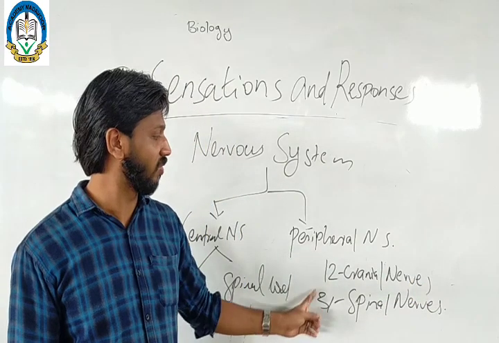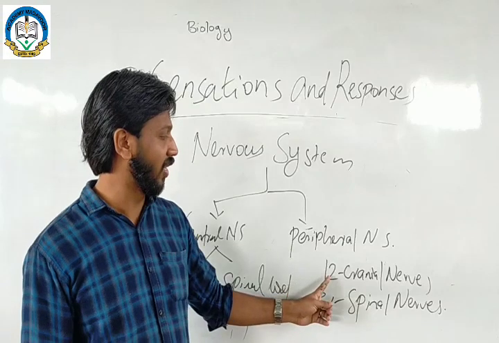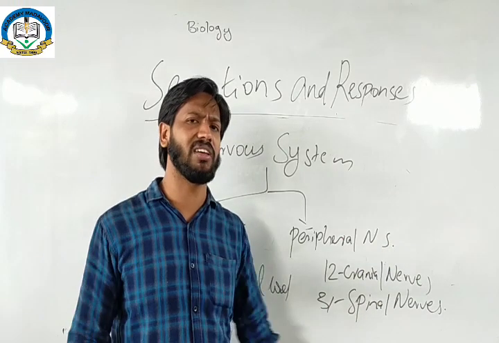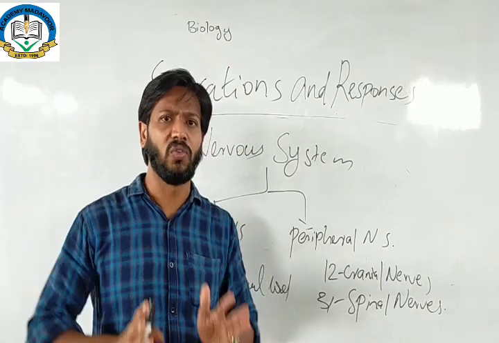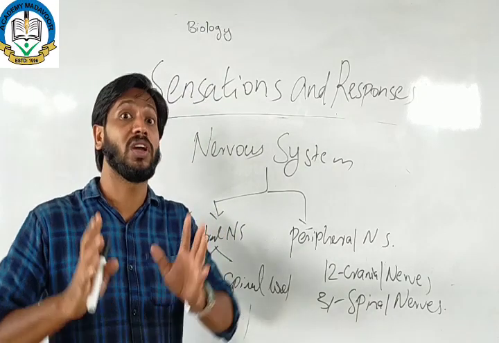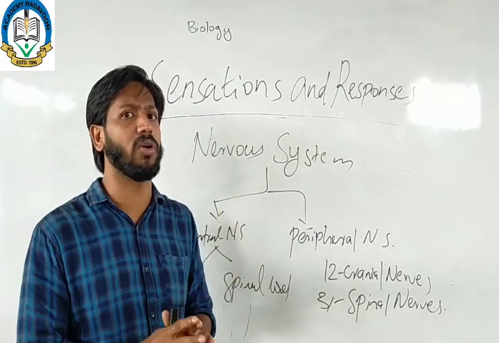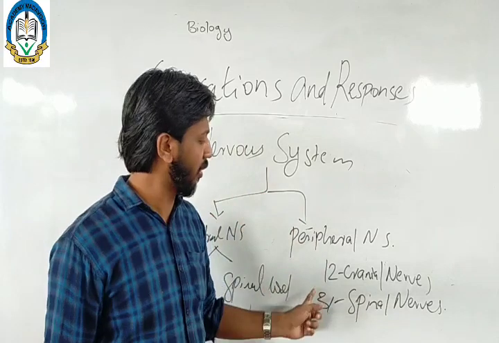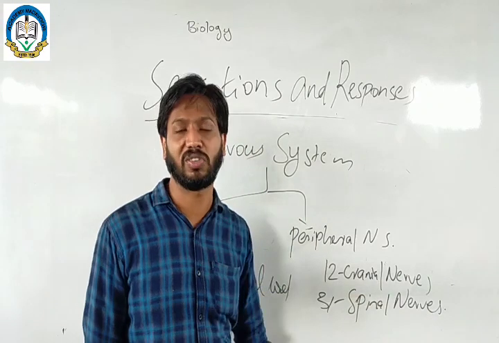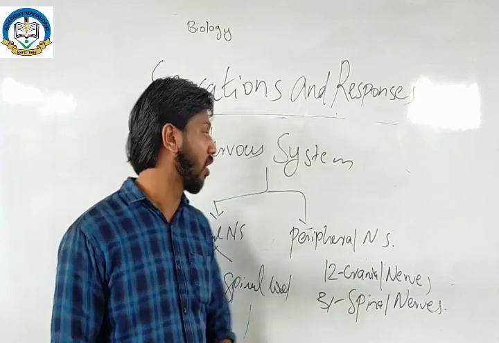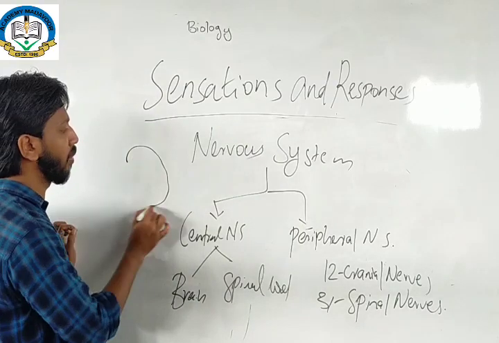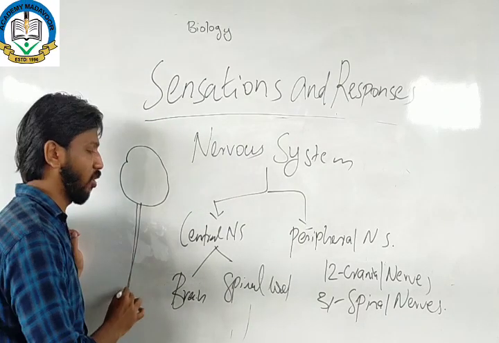I know you have not understood what these 12 pairs of cranial nerves are. What are cranial nerves? The nerves which originate from our brain, and 31 pairs of spinal nerves arise from our spinal cord. This is the brain, and this one is our spinal cord.